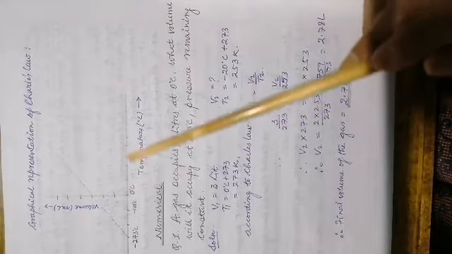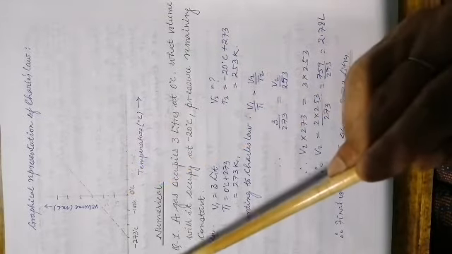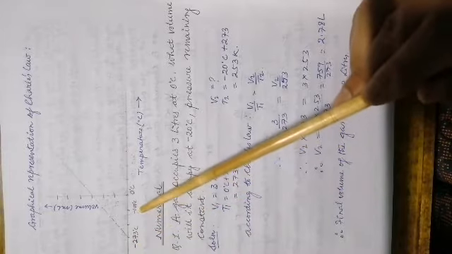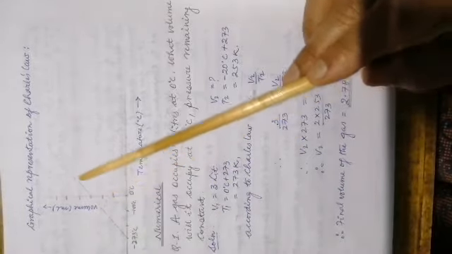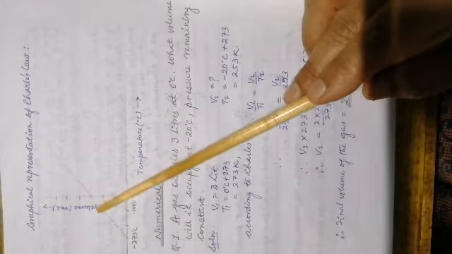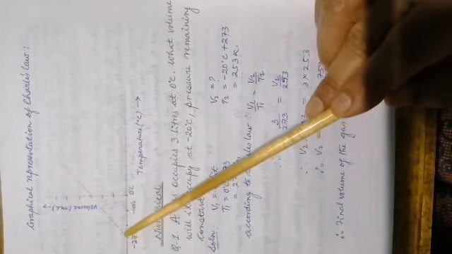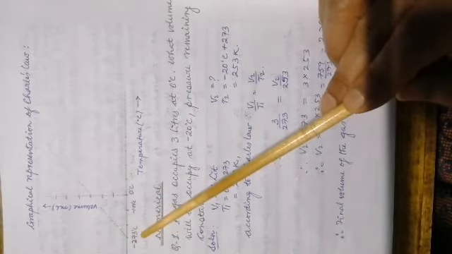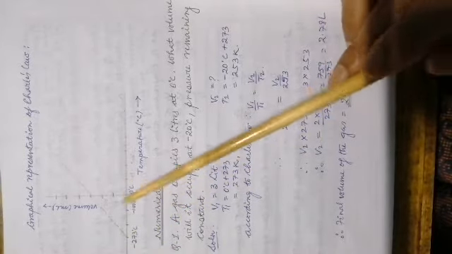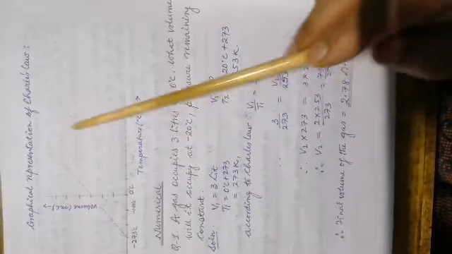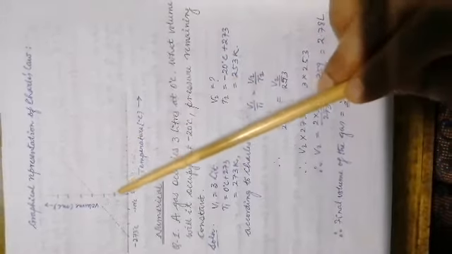On the right hand side it is positive, on the left hand side it is negative. Now when you plot the graph, you see that the temperature is minus 273 degrees Celsius. So this is the graphical representation of Charles' law.